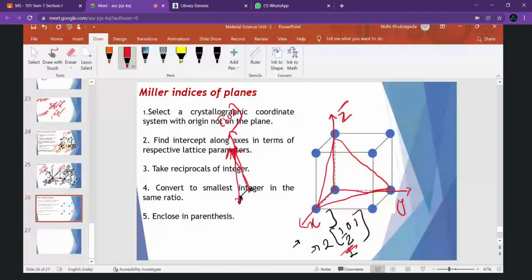So what we are doing, we are considering a crystal structure and we have to mark a certain plane. Here our origin is suppose O. This is our origin and this particular triangle is our plane.